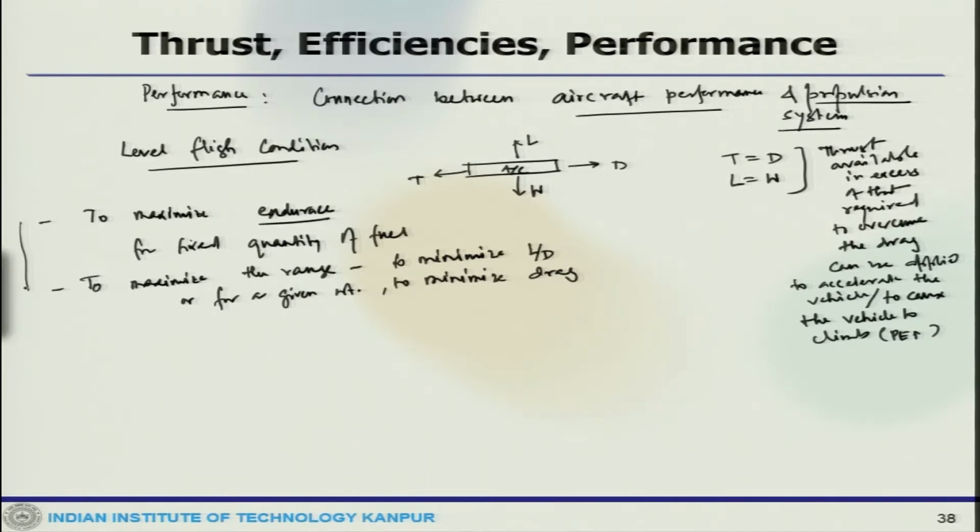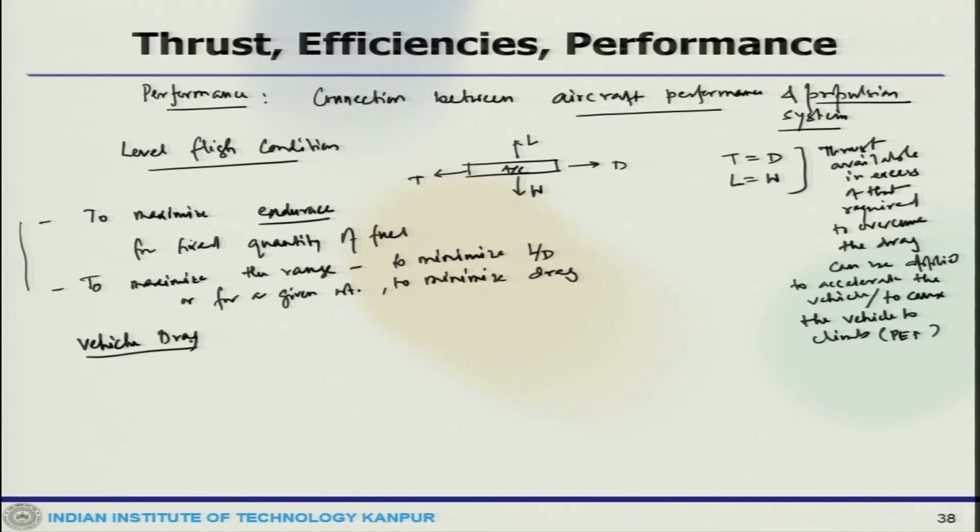So, these are the two important criteria. On one hand, we would like to maximize the endurance, which is possible for a given amount of fuel, and on the other hand, we would like to maximize the range. To maximize the range we have to minimize L by D, or for a given weight minimize drag. Now, we have vehicle drag.